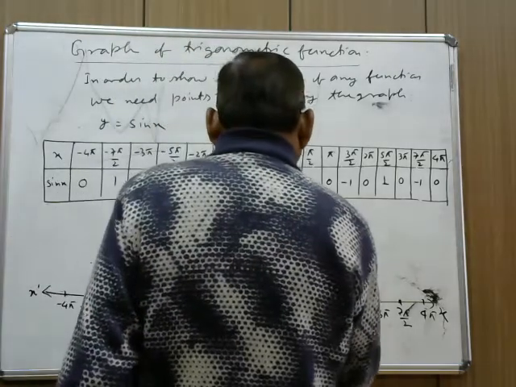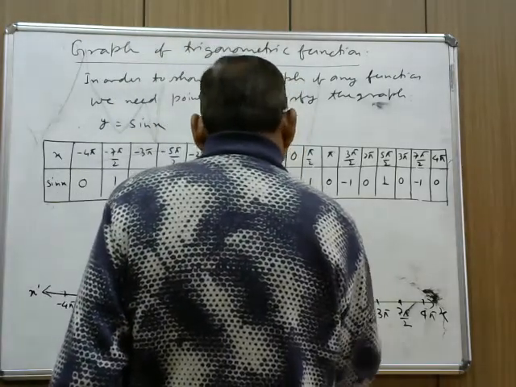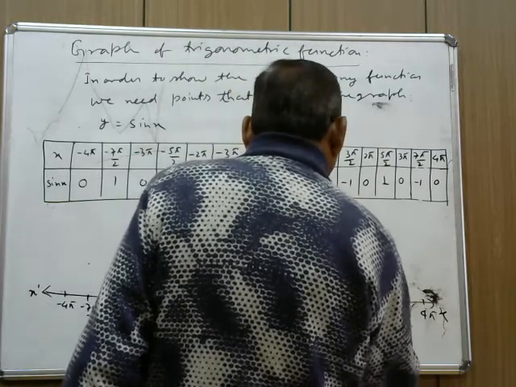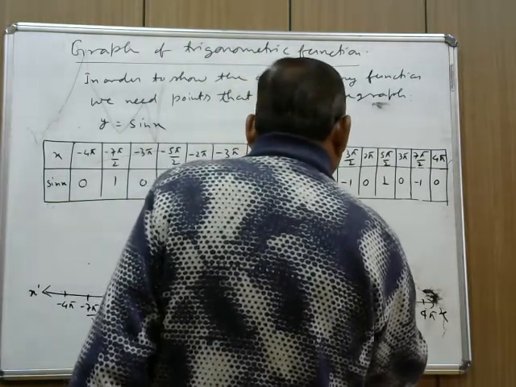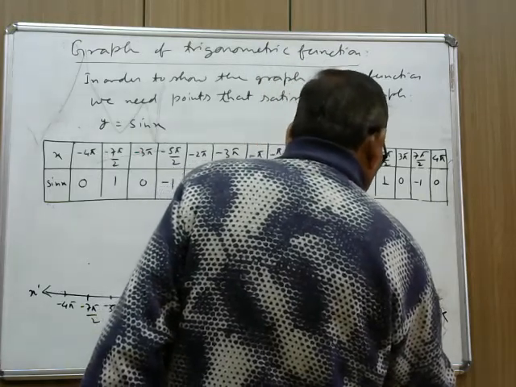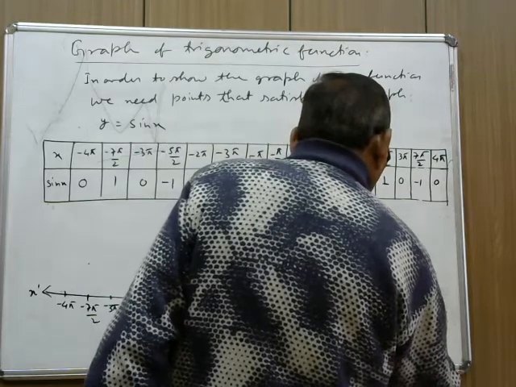Sin 0 is 0, sin pi by 2 is 1, then sin pi is 0, sin 3 pi by 2 is minus 1, sin 2 pi is 0, sin 5 pi by 2 is 1, then sin 3 pi is 0, this is minus 1, then this is 0.